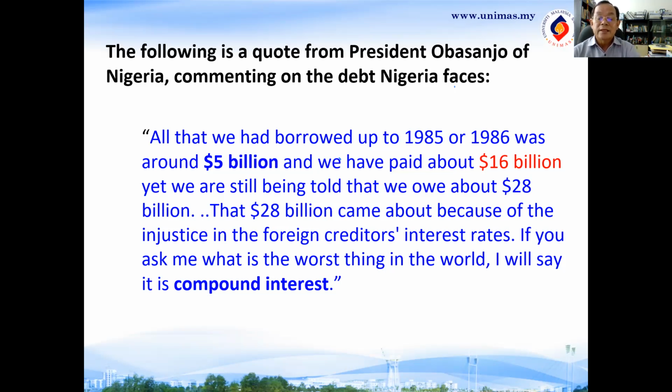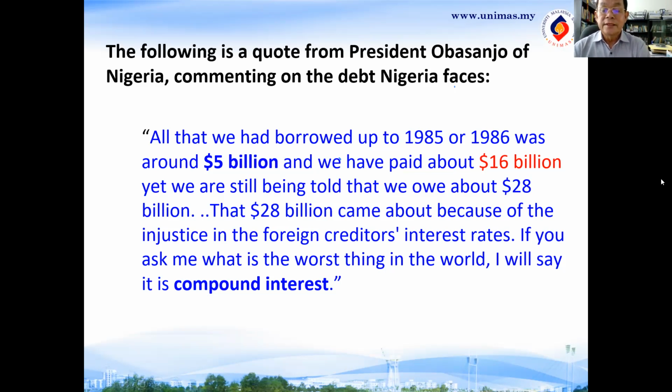That 28 billion came about because of the injustice in the foreign creditors' interest rate. So it is caused by the high interest rate. If you ask me what is the worst thing in the world, he said, I will say it is the compound interest, the compound interest charged by international banks on borrowers.